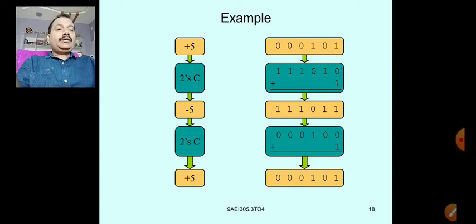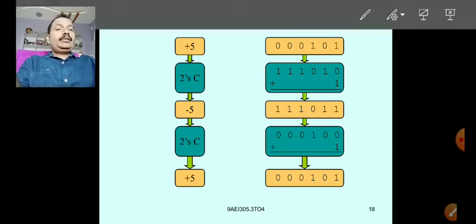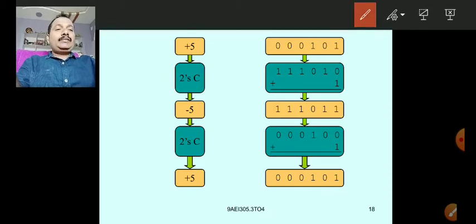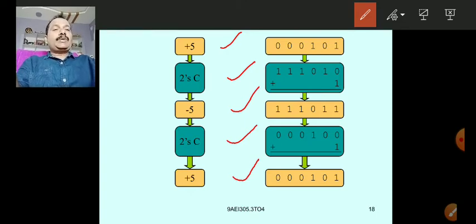That means the plus 5 number is made 2's complement, you got minus 5, and once again you complemented it and you got plus 5. So this is the way of converting plus numbers into minus numbers and minus numbers into plus numbers.